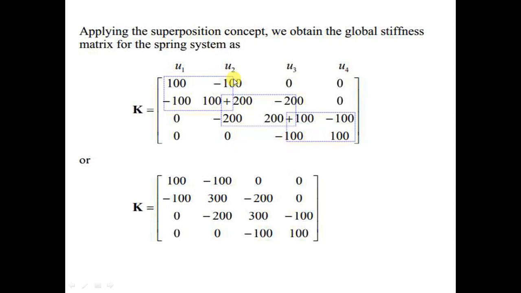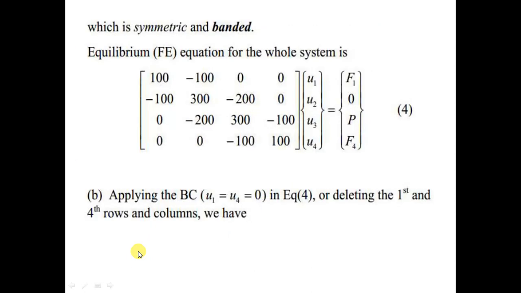If you calculate this matrix, it will be: 100, minus 100, 0, 0; minus 100, 300, minus 200, 0; 0, minus 200, 300, minus 100; 0, 0, minus 100, 100. This is the global stiffness matrix for elements 1, 2 and 3. After that we have to form the equation.